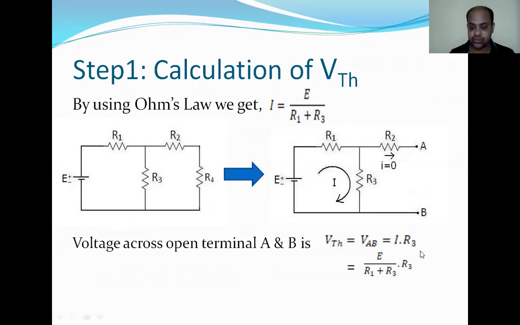Now put the value of I, that is E by R1 plus R3, and the resistance is R3. So finally we get VTH equals E divided by R1 plus R3, into R3. In this way, easily we can find the Thevenin voltage from a given circuit.